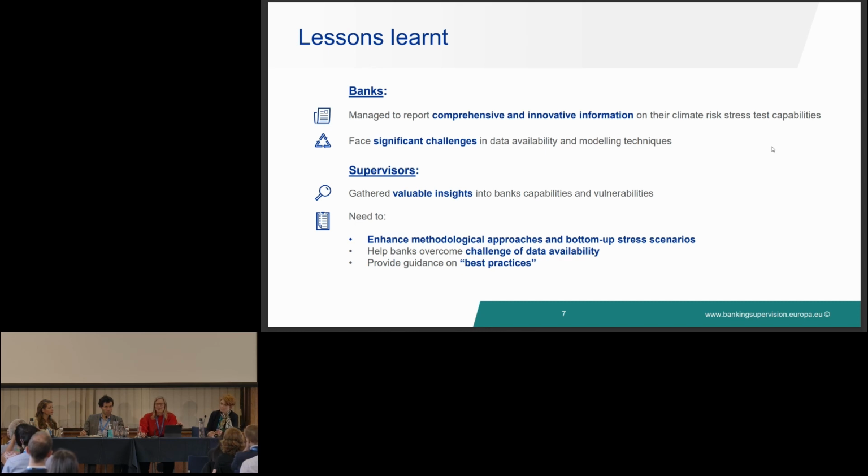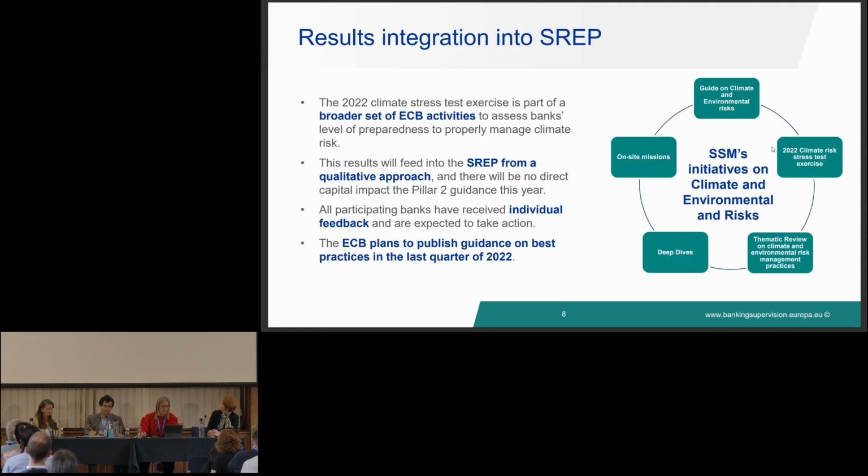And also for supervisors, we've learned a lot. We gathered valuable insights into bank capabilities and vulnerabilities, but also ourselves, we need to enhance methodological approaches and bottom-up stress test scenarios. And we also want to help banks overcome the challenge of data availability. And more importantly, we want to provide guidance on best practices. And I think this is something we'll be publishing towards the end of the year.